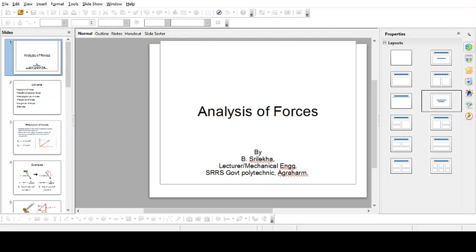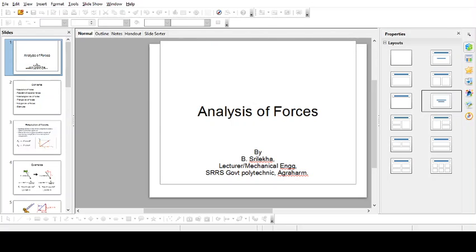Force is an agent which changes or tends to change the direction of a body which is moving or which is at rest. And this force is measured in terms of newtons. The characteristics of the force are defined by four things.